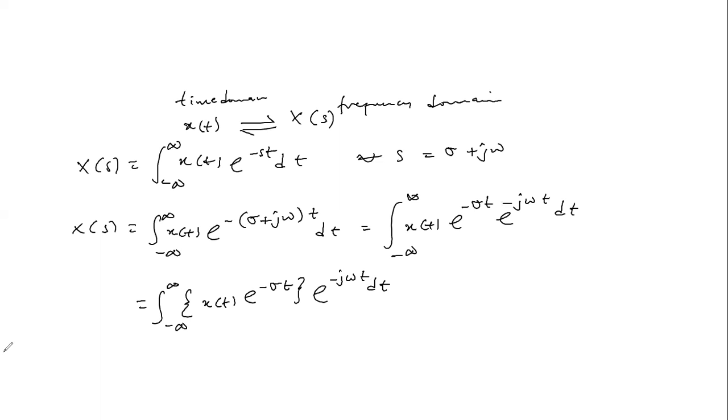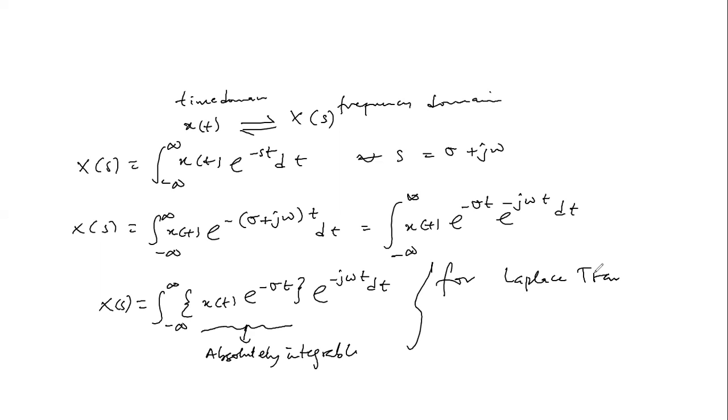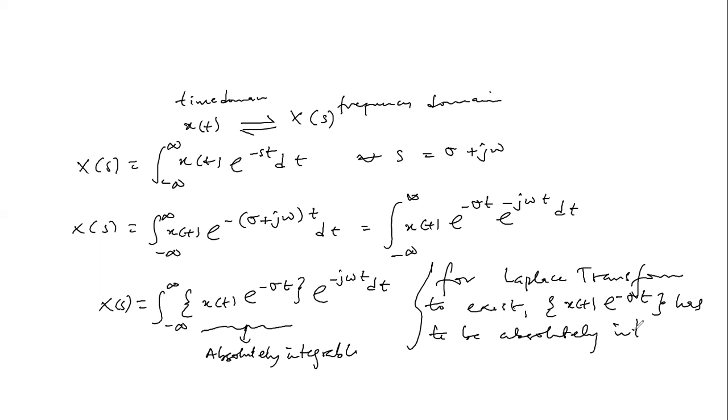Now, you'll observe in this expression that for the Laplace transform to exist, this particular expression has to be absolutely integrable, okay? Let me write that more appropriately: for the Laplace transform to exist, s(t) e^(-sigma t) has to be absolutely integrable.